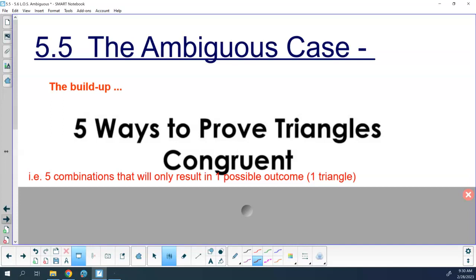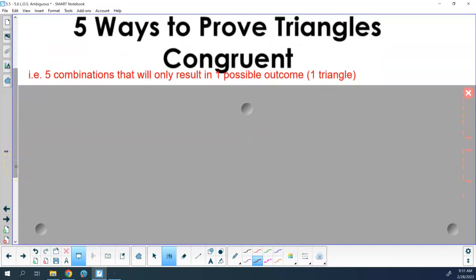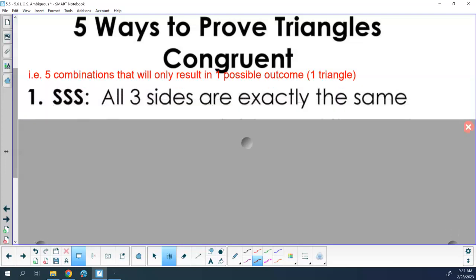Now, we're not going to be proving 2 triangles are congruent. We're just going to be solving 1 triangle. But the 5 ways to prove triangles are congruent also just happen to be the ways that there's only 1 triangle given. So the first way is the side-side-side case.